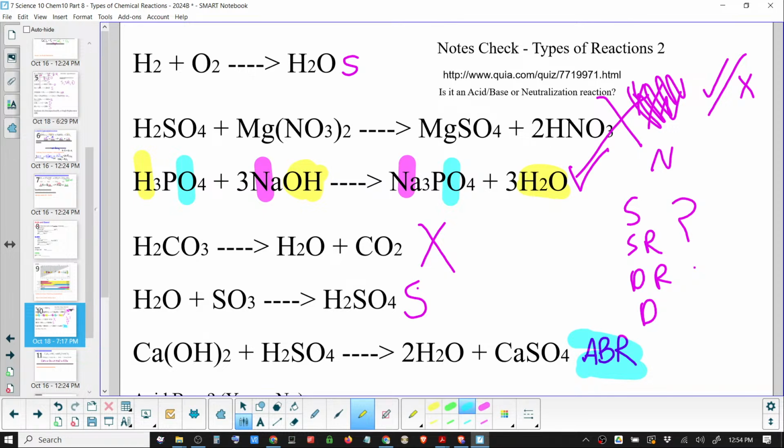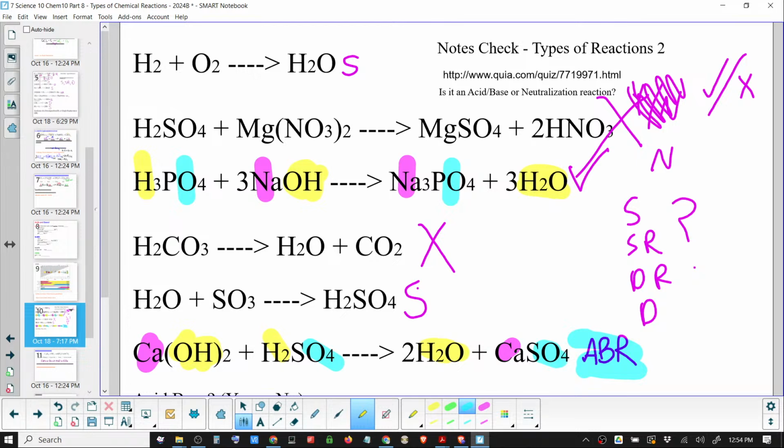Okay. So you can see that here. We have H, H, H, OH, making water. We have our metal and our non-metal making a salt.